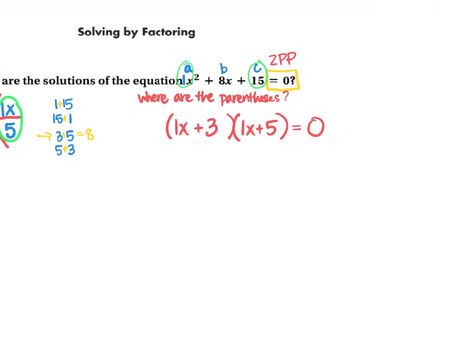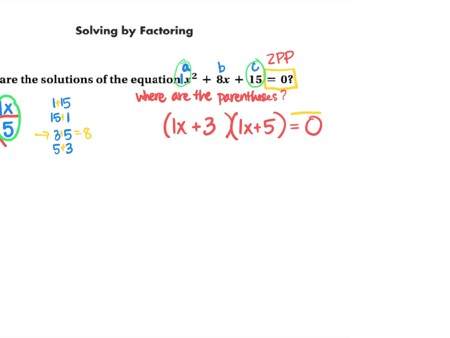So now, I have it equal to 0, which means the ZPP, the zero product property, and I have 2 factors. So now I'm ready to go. I have to get it into factored form first. So now I can take the first factor, 1x plus 3, and I can set that equal to 0. My other option would be to take the second factor and set that equal to 0 as well. And then we'll work through solving those.